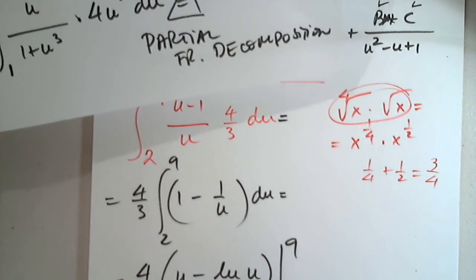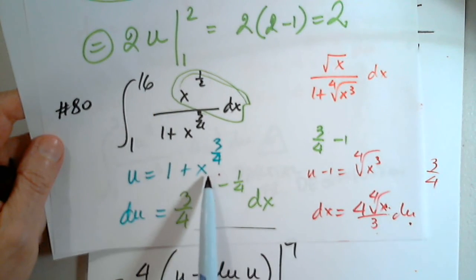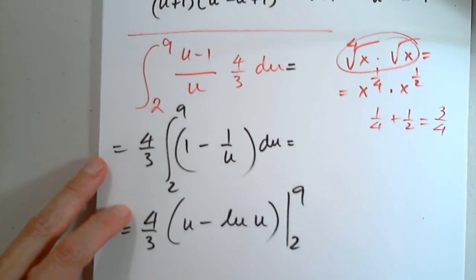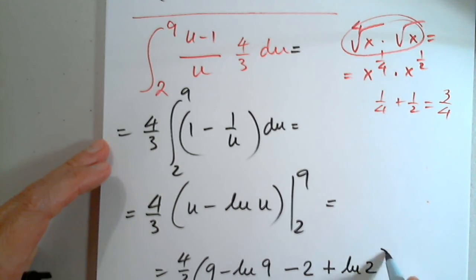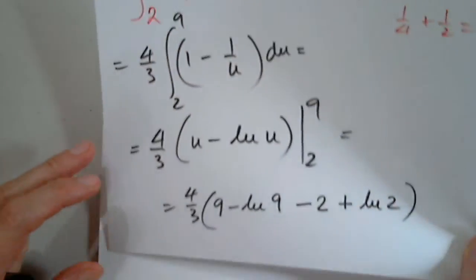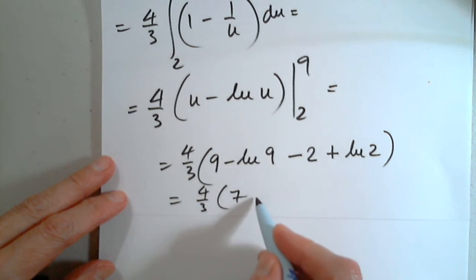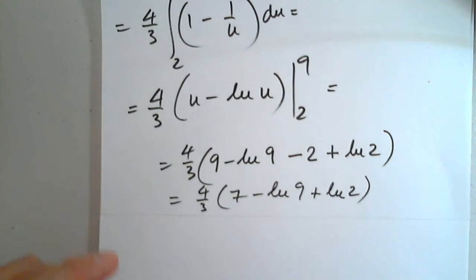So where was I? Just to make sure that when x is 1, yes, this is 2, 16, the fourth root of 16 is 2, 2 to the third is 8, 8 plus 1 is 9, correct. Okay, so then I have 4/3, and this is 9 minus natural log 9, but minus 2 and plus natural log 2. So I'm getting 4/3, 9 minus 2 is 7, and minus natural log 9 plus natural log 2.